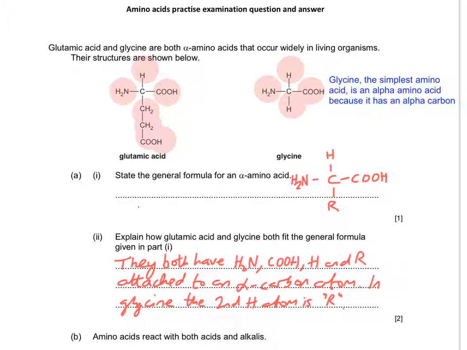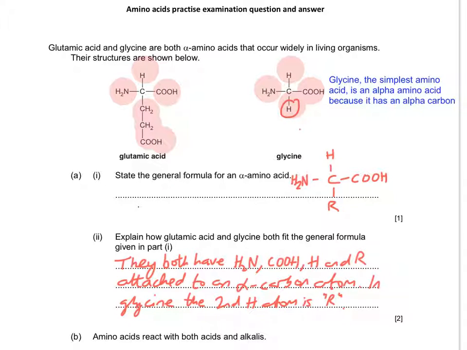That allows us to justify glycine being called an alpha amino acid. It's one exception to the rule where we use R to represent the rest of an organic molecule. So generally R groups tend to have carbon chains or rings or such like.